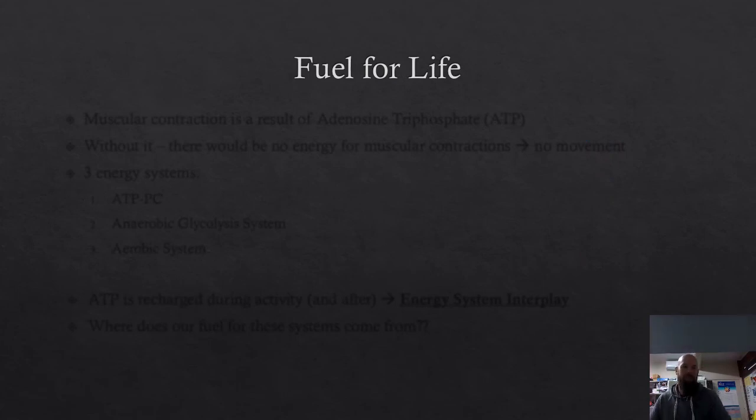So the energy systems, there's three of them, okay? And the food that we consume is where we get that energy from. There's a whole heap of stuff that happens in the meantime, and it all gets changed into the fuel.